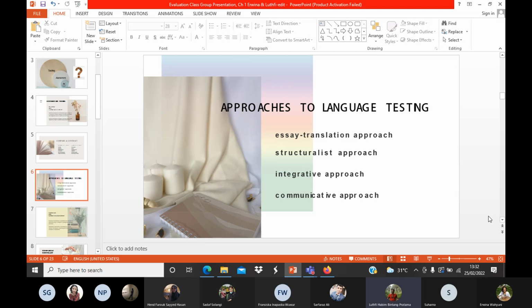And the fourth is the communicative approach. Communicative language testing is sometimes linked to the integrative approach. However, although both approaches emphasize the importance of the meaning of utterances rather than their form and structure, there are nevertheless fundamental differences between the two approaches.